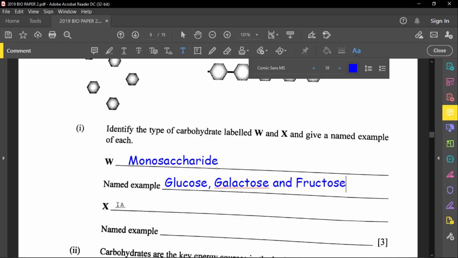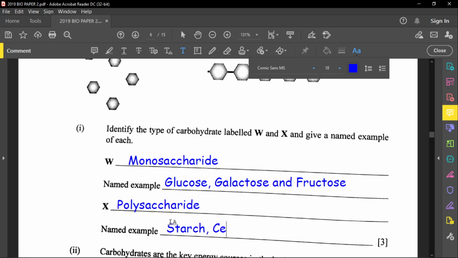And X, again, because it contains many single units, we call that polysaccharide. So this is a polysaccharide. And examples of polysaccharide, three examples that you also need to know. One common one in plants that everybody should know is starch.